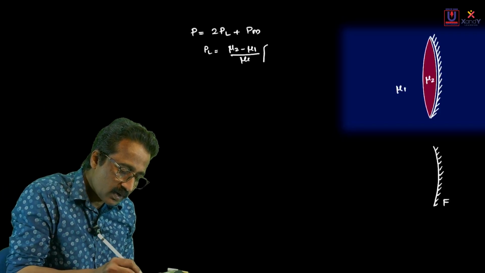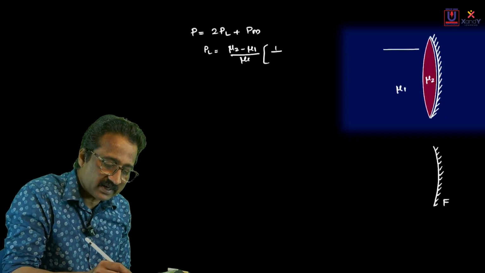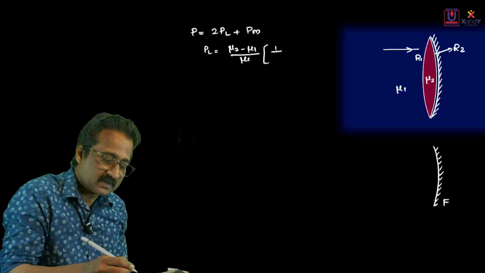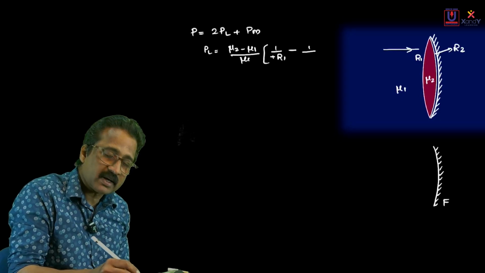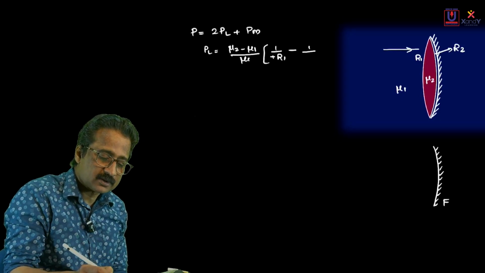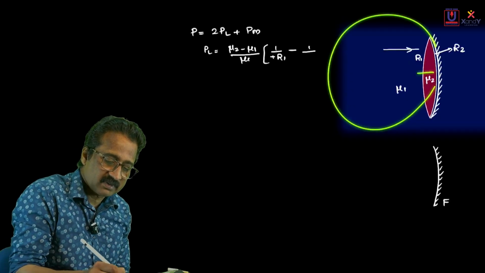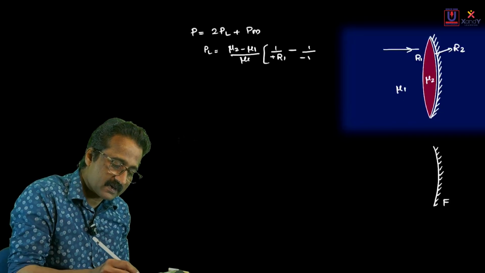That into 1 by r1, 1 by the radius. Okay, this is the way we are expecting light to come, and the first radius is r1, second radius is r2. So 1 by plus r1 is the first radius, minus 1 by r2. Remember, r2 is a negative radius because this is the second radius. You have to measure r2 in this way, so that is negative as per the sign convention.